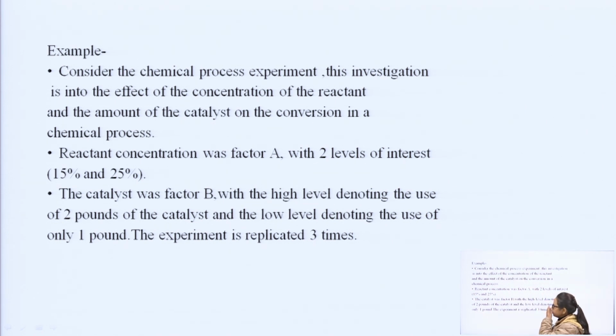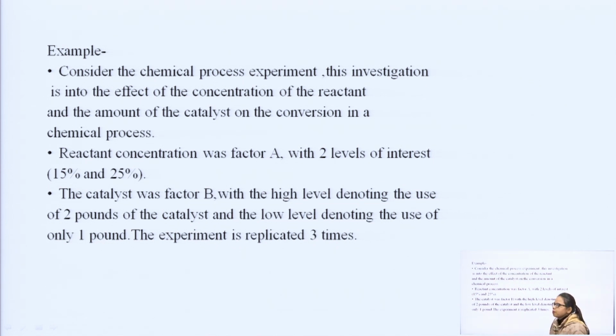Next, for example, consider the chemical process experiment. Like the chemical engineer wants to do an experiment with several batches of raw materials. So the same example, the chemical process experiment: this investigation is into the effect of the concentration of the reactant and the amount of the catalyst on the conversion in a chemical process.